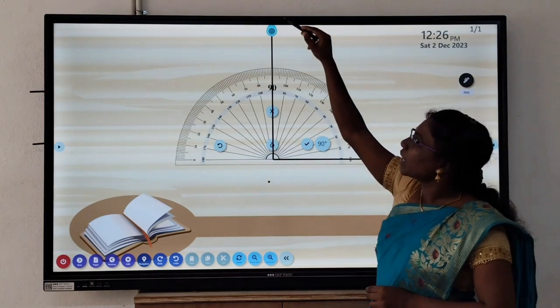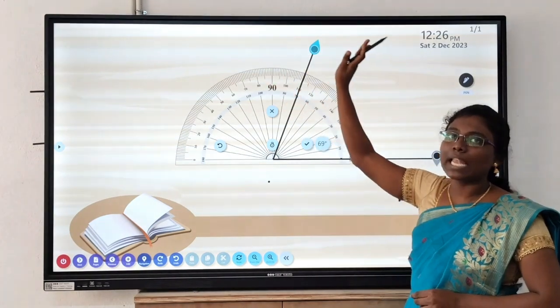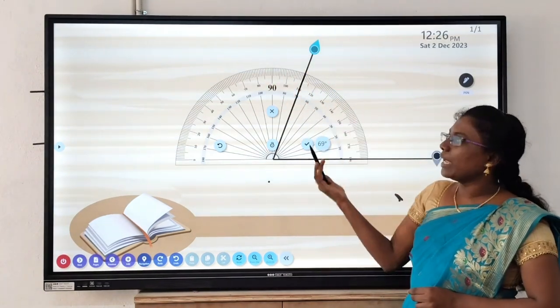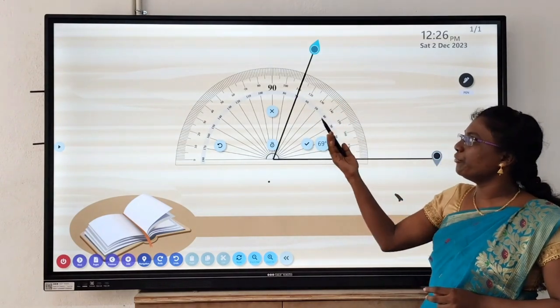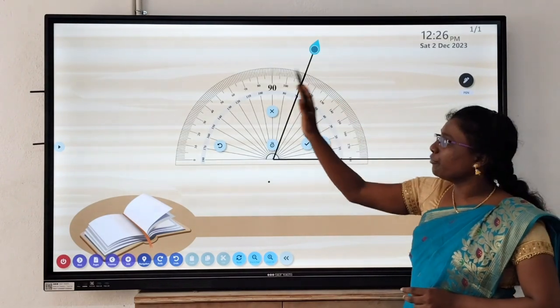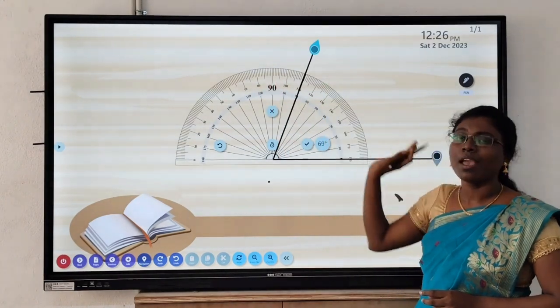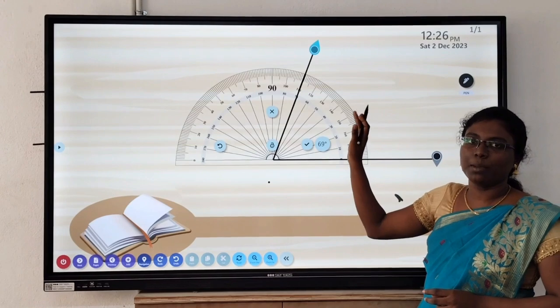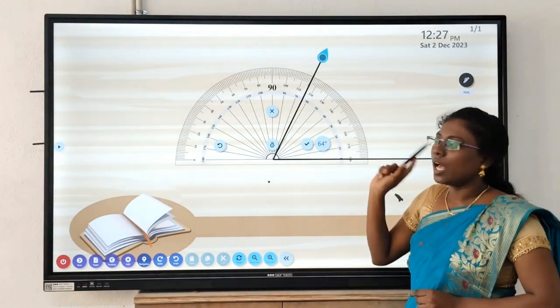So next, if it is below 90 degree, it may be 80 or 70 or 60 or 50, whatever it is. If it is less than 90 degree and greater than 0 degree, it is called an acute angle.